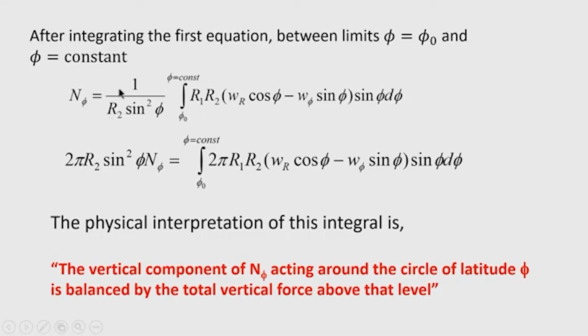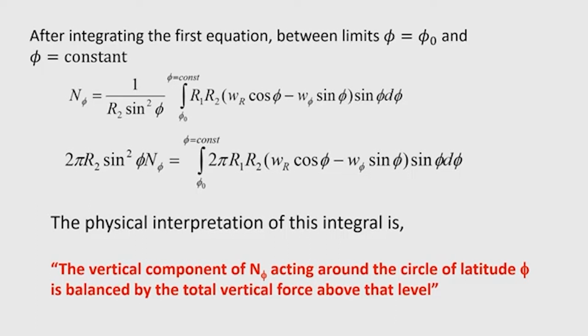Then n phi can be found by integration of the differential equation. So, n phi is given by 1 by r2 sin square phi times the integral, carried out from a lower limit phi naught to an upper limit phi. The phi is measured from the axis of rotation. r1 and r2 are the principal radii of curvature, and W r is the radial component of the load.